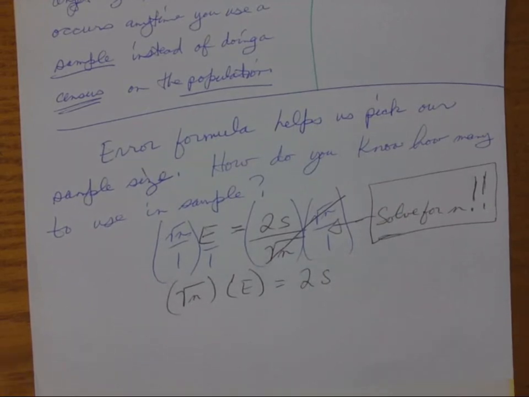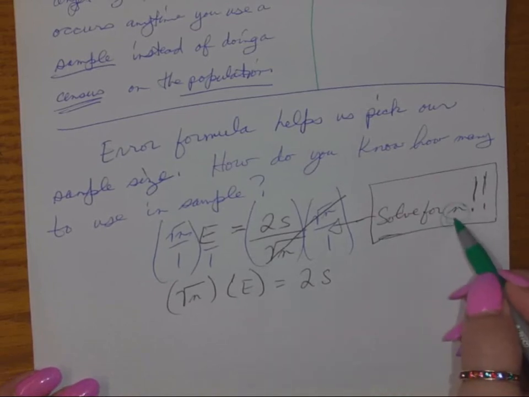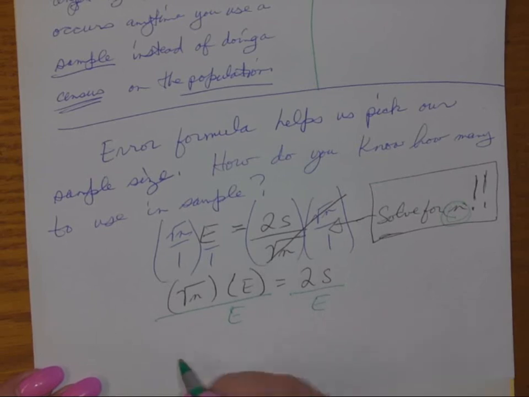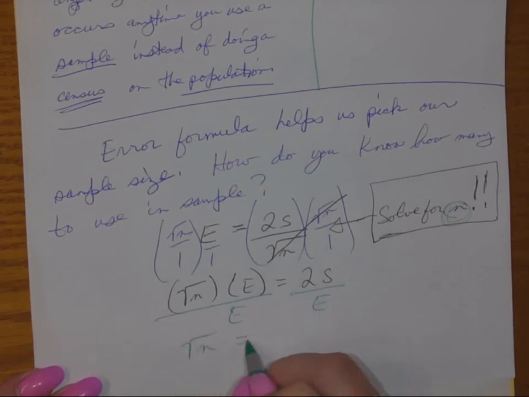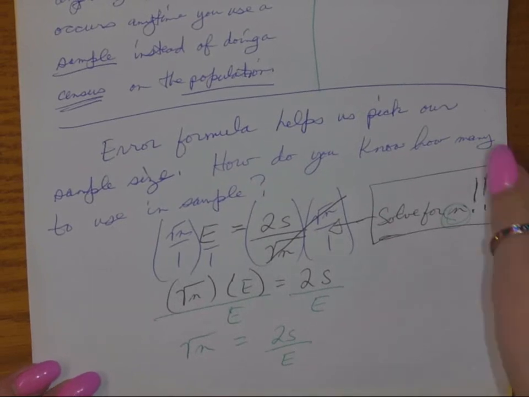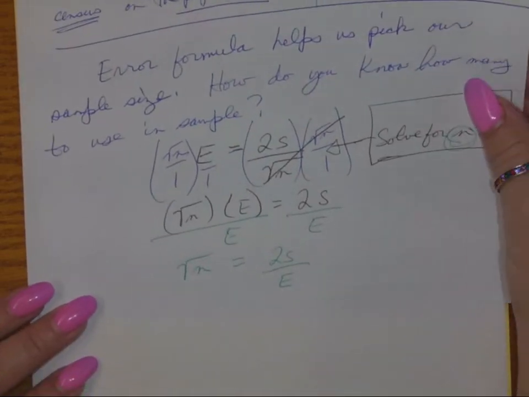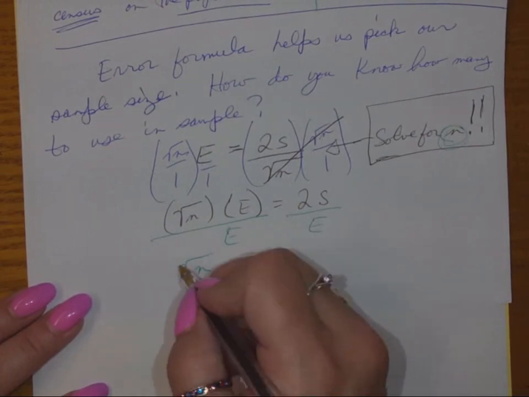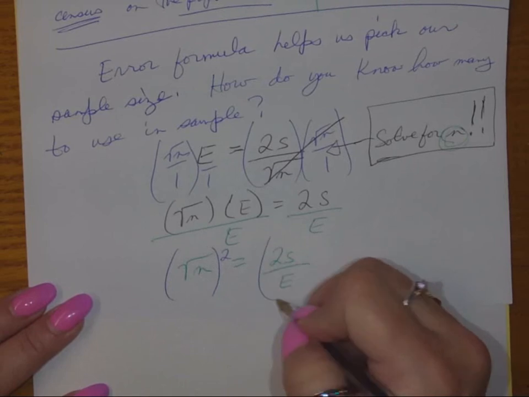Okay. And then what? I'm trying to get the n by itself, solve for n. So divide by E on both sides. The square root of n is equal to 2s over E, right? And then last but not least, I want the n out of the square root sign, so how can I get rid of a square root? And in my head, I hear you say, square it, and that's correct.